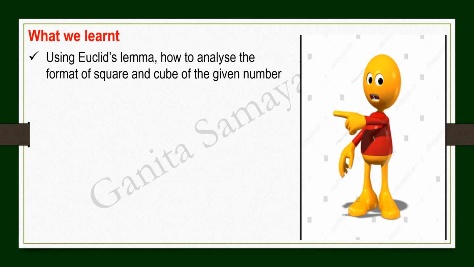So let us take a quick recap on what we have learned in today's class. We learnt to use Euclid's lemma to analyze the format of the square and cube of a given number. I hope you recollect that.